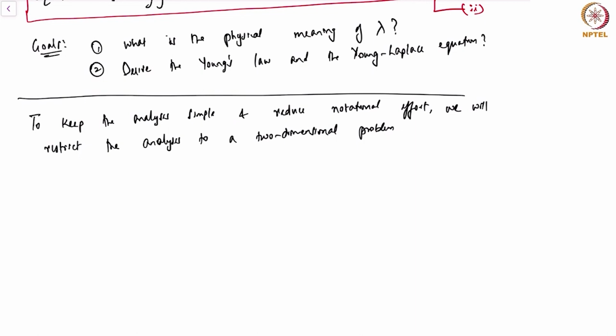Okay. So in 2D, the interface depends only on the spatial coordinate x. Interface height h depends only on one spatial coordinate.